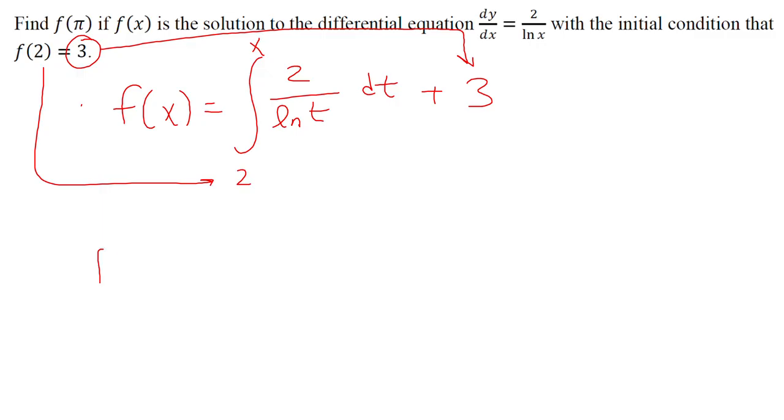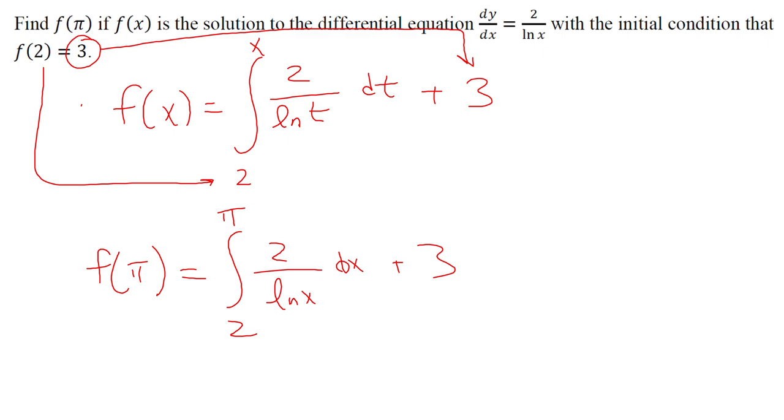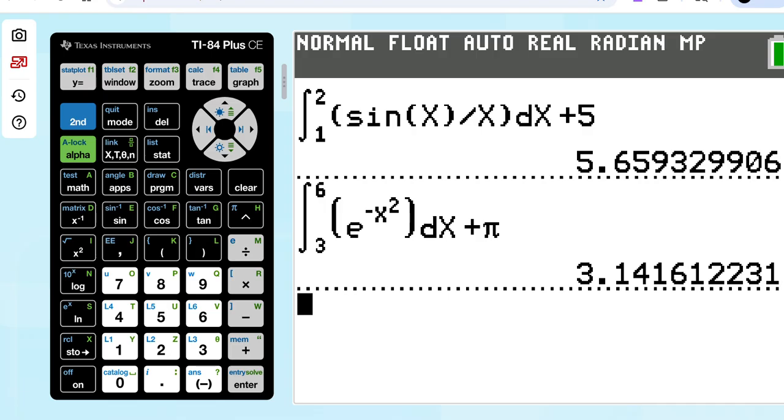So now we want f of pi. F of pi should just be the integral from 2 to pi of 2 over ln x dx plus 3. So we'll use our calculator to figure out what that is.